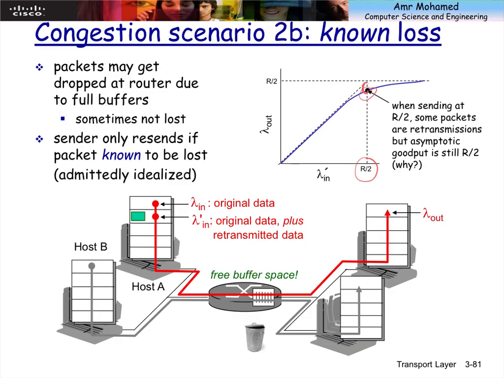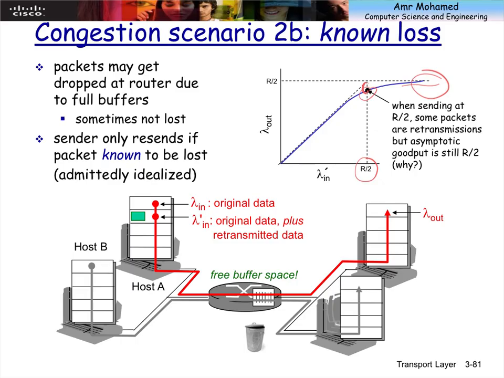Why? Because lambda in has some retransmission. So what's reaching the application on the other side is less than R/2 because some of these segments are being retransmitted. But if I increase more and more, more segments will be lost, but more segments will arrive. So eventually I can touch R/2 after some time by increasing.